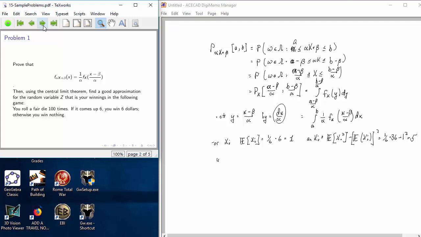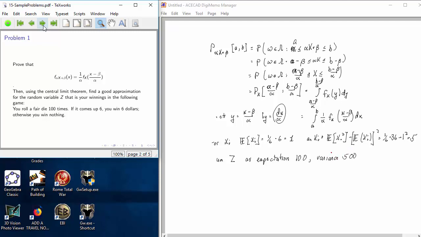The sum z of 100 independent rolls has an expectation that's 100 times bigger. It's 100. And because the rolls are independent, it has a variance that's 100 times bigger.